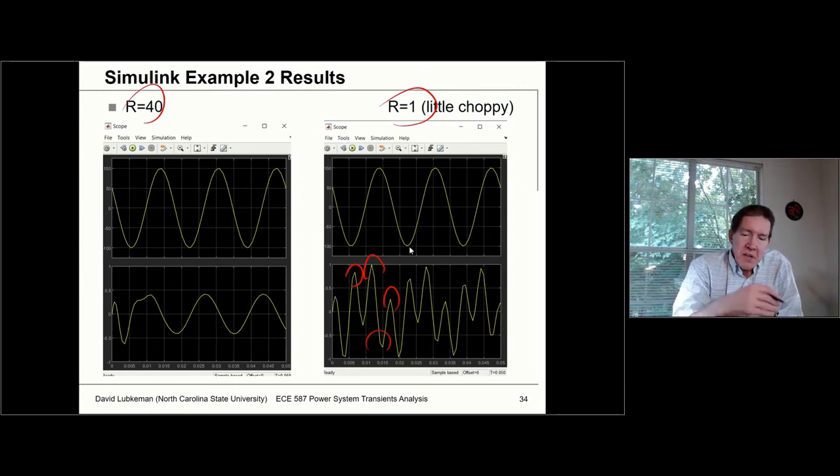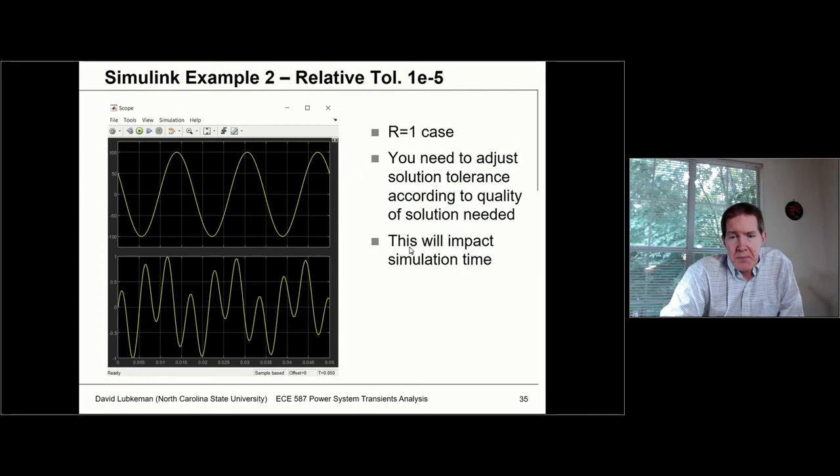So if having a nicer looking plot is important to you, then what you would probably want to do is reduce that tolerance, make that tolerance number smaller. If you go back in and change that tolerance to 10 to the minus fifth, now you'll see we got nice smooth curves in here.